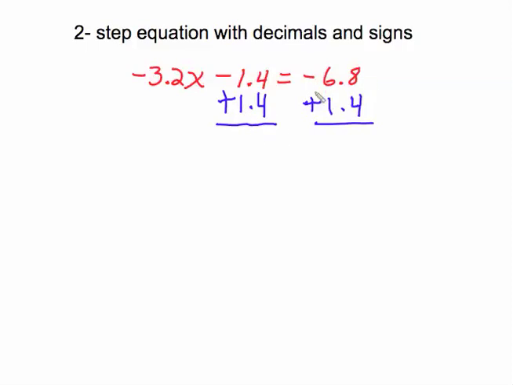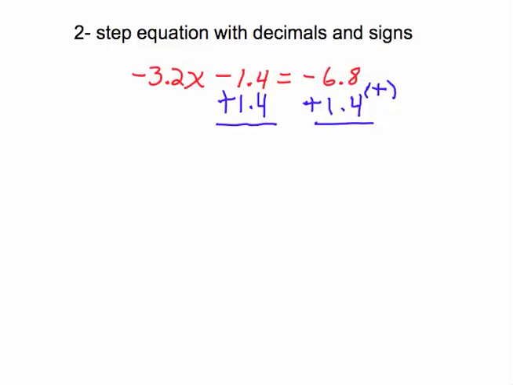Okay, now remember, when you're combining negatives and positives, and this is negative 6.8 and this is positive 1.4, these are always going to be considered addition. This is considered addition even though there is no sign in between. We're basically adding negative 6.8 and positive 1.4. Now because we're adding them and the signs are different, in fact you're going to subtract.